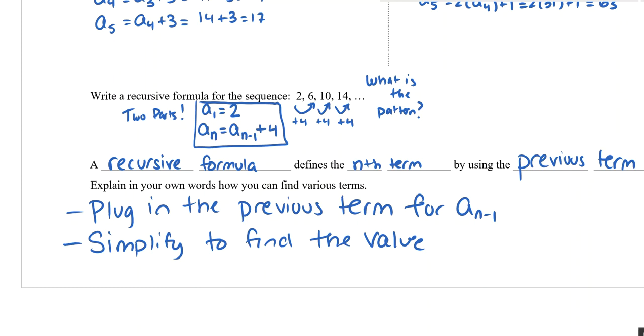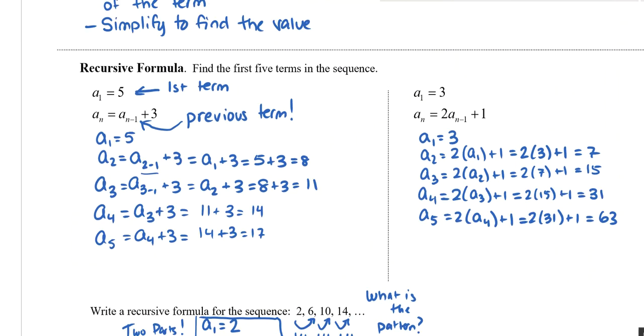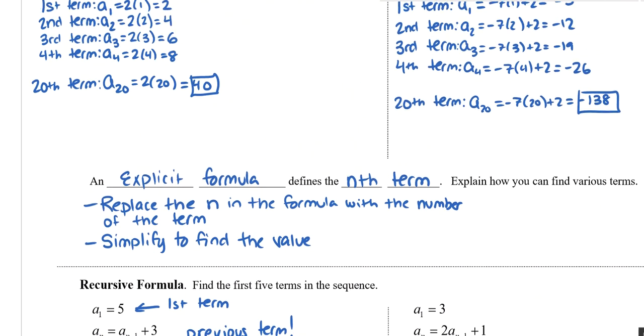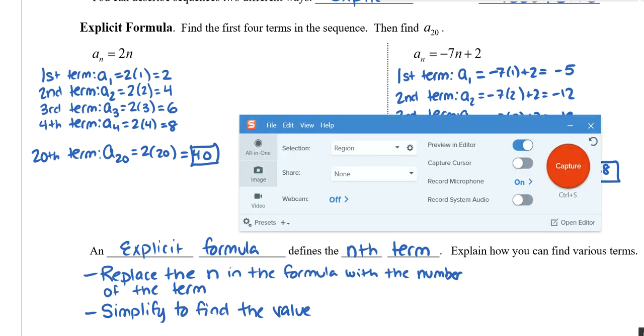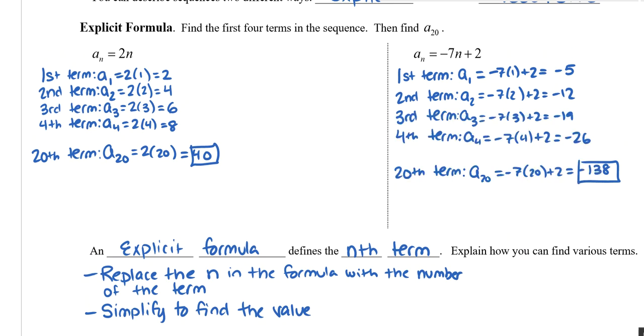The first one is that this is very different than the explicit formula. Back up when we wanted to find the 20th term here, we simply plugged in 20 for n and we got the 20th term.